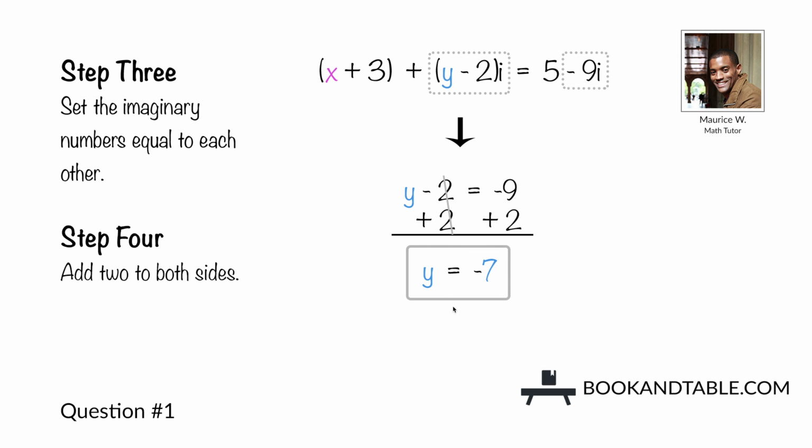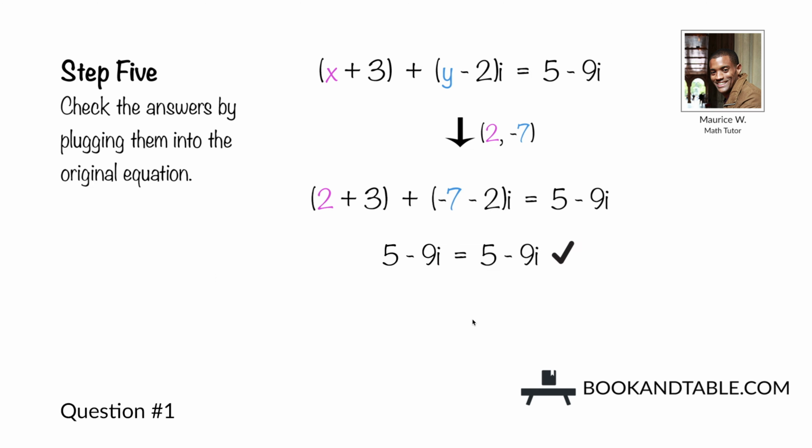And now that we have our values for both x and y, the last step is to check the answers by plugging them into the original equation. So we'll plug in x is equal to 2 for x. When we do, we get 2 plus 3, that's equal to 5. So the real number on the left side matches the real number on the right side. So that confirms that x does equal 2.